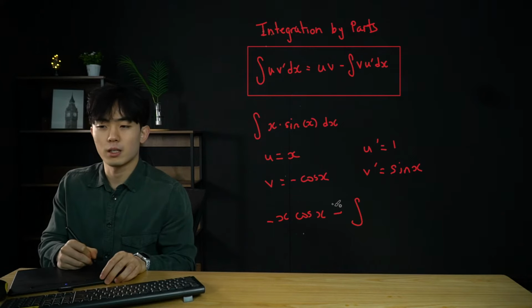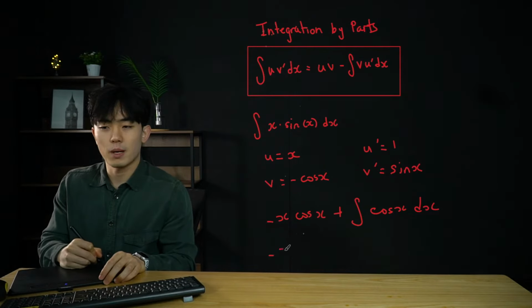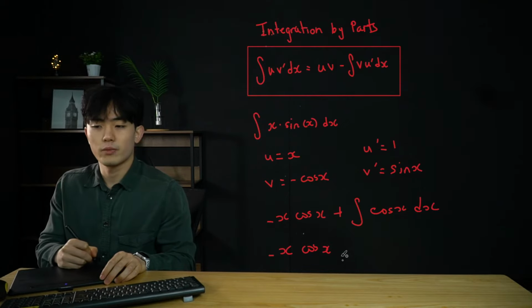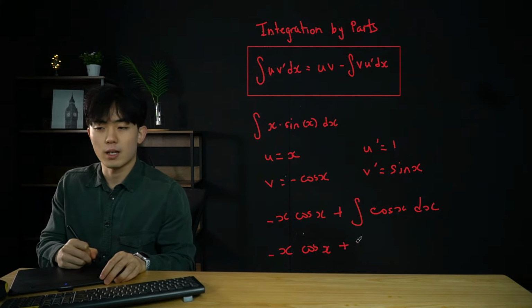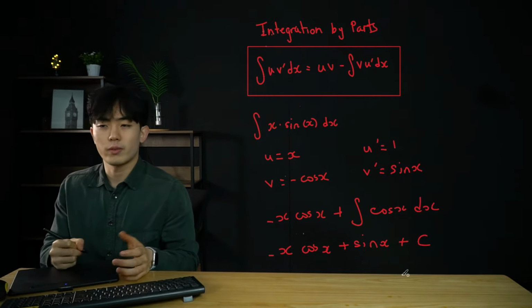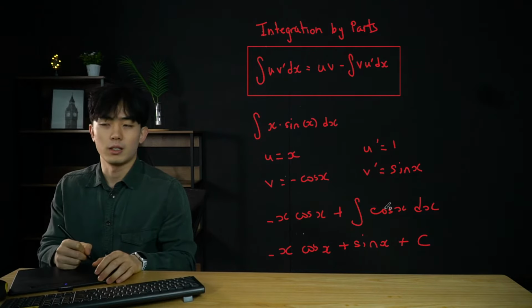There's a minus, so I'm going to turn this into a plus. So cos x times our u prime, which is just 1, so it's just cos x. Integrating this, it'll be minus x cos x, and integrating cos x, hopefully we know that's just going to give us plus sine x, and then we have our constant plus c here. So starting off with something relatively simple, this is how you'd go about integrating this term.